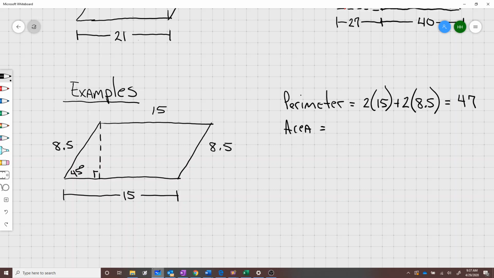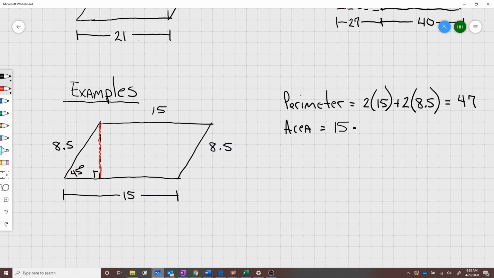Now, our area is going to be equal to the base times the height. Well, our base is 15, and our height is right here. It's this segment that's perpendicular to the base. What we've got here, it doesn't really look like it, but it is a 45, 45, 90 right triangle, and you know the hypotenuse is 8.5.